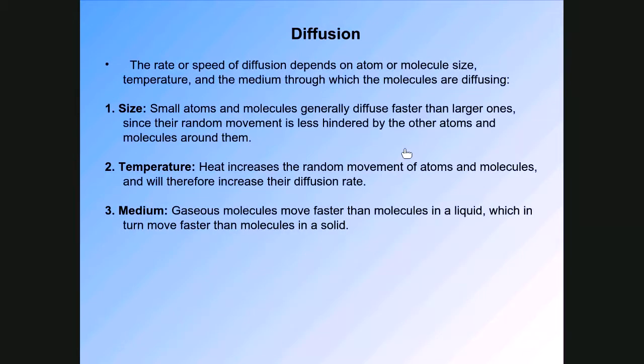Except when you apply diffusion to us, the living body, and our cells, you have to factor in the membrane, temperatures, and things of that nature. Therefore, the first part of the experiment focuses on diffusion and factors that can affect diffusion. So if you look here, the rate or speed of diffusion depends on the atom or molecule size, temperature, and the medium through which the molecules are moving.